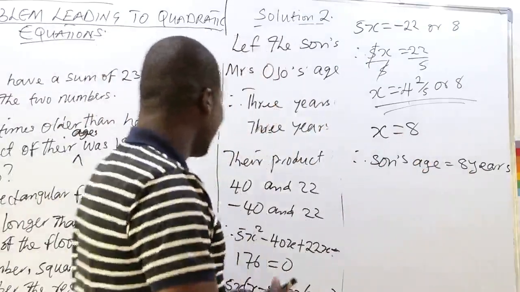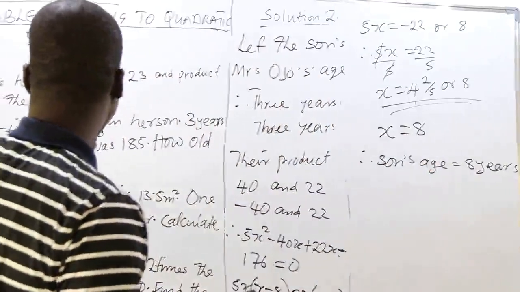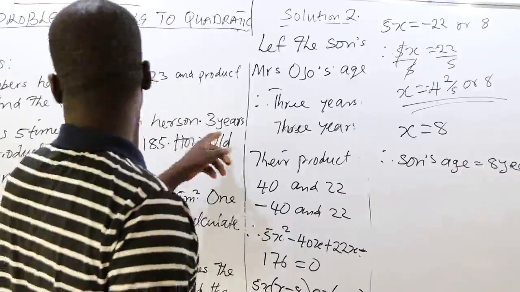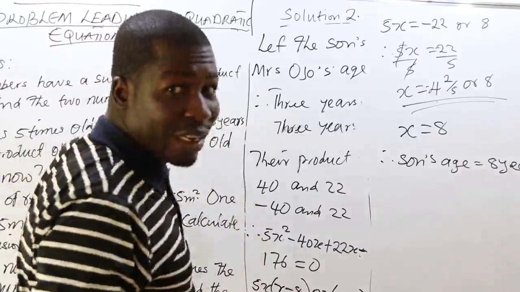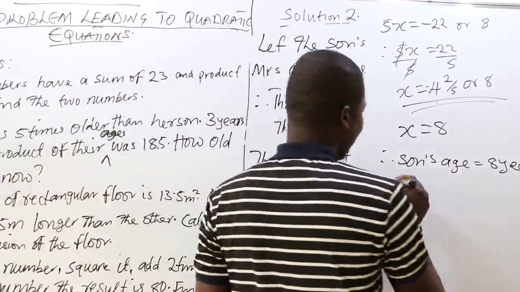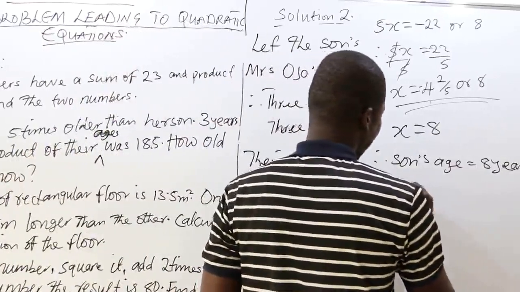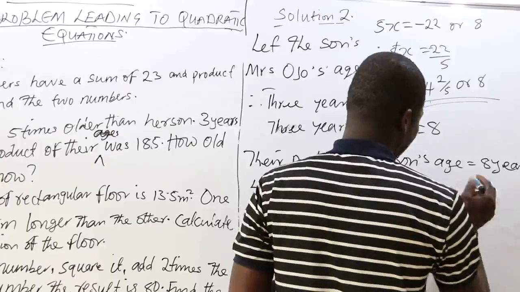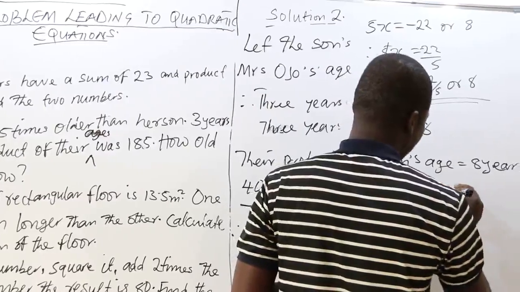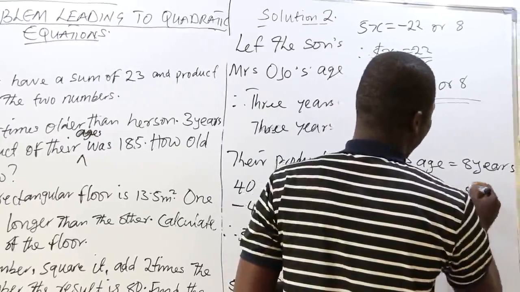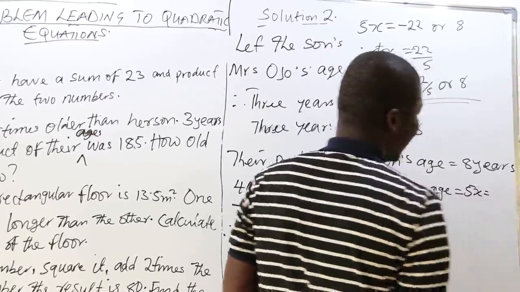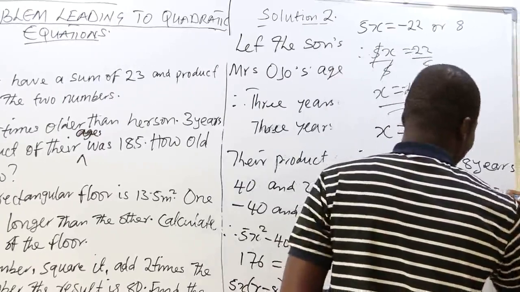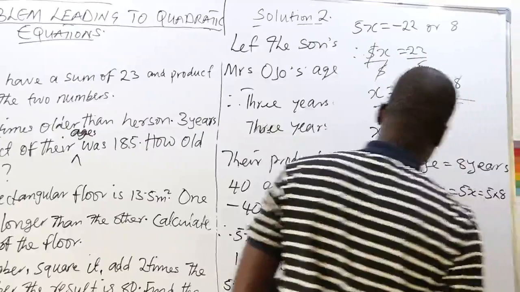Now, Mrs. Ojo, she was 5 times older than the son, which is equal to 5x, and 5x is equal to 5 times 8.